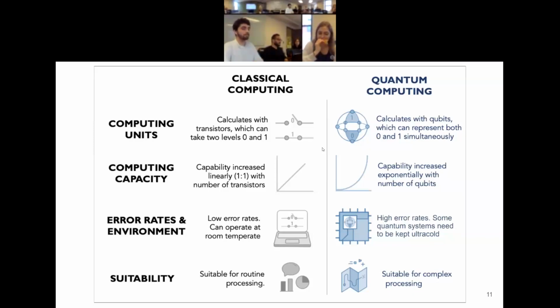For a qubit, which is the quantum analog of a bit, hence the name, we can represent the states of 0 and 1 simultaneously, which is pretty unintuitive, but I like to think of it as a coin flip. When you flip a coin, while it's in the air spinning, it's ambiguous as to what state it's in. It's not really in 0 or 1. And then when it lands and we measure it, we find it's either in 0 or 1.